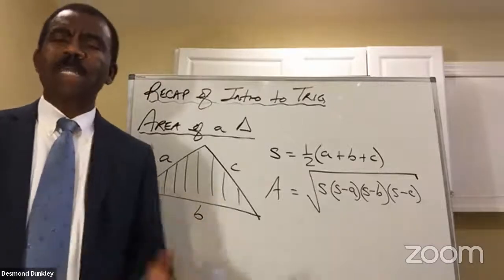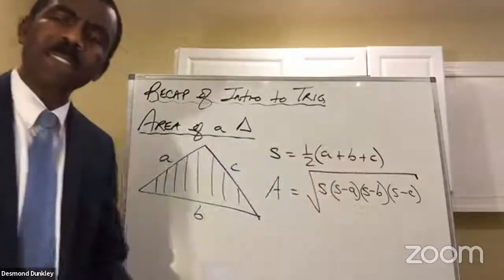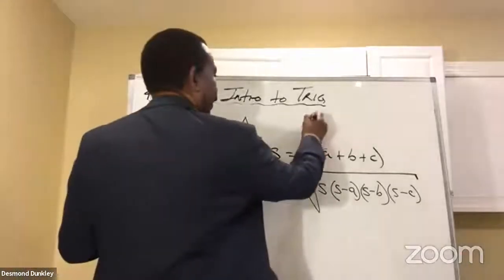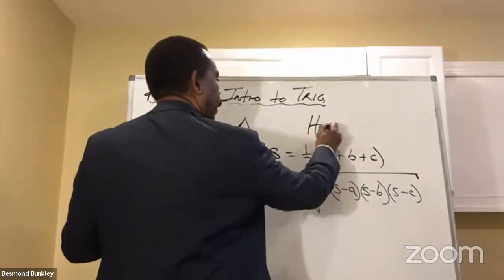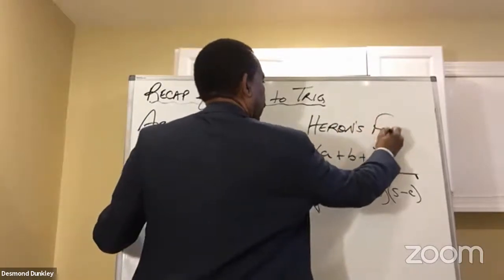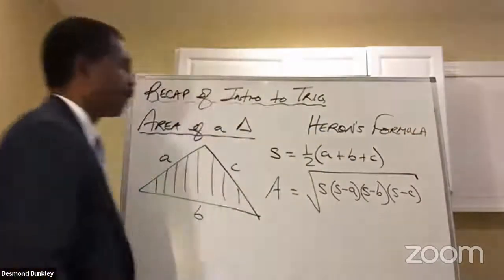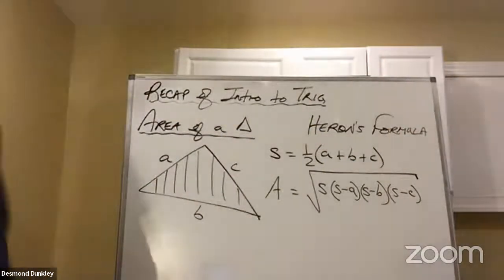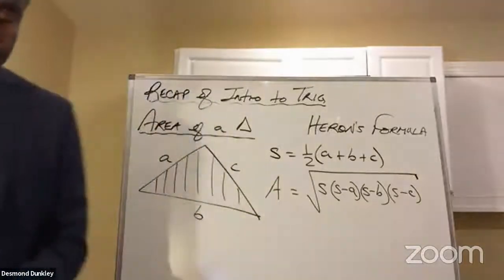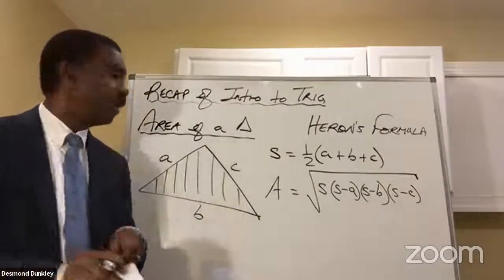So if you have the three sides, and this is called Heron's formula. That's Heron's formula.